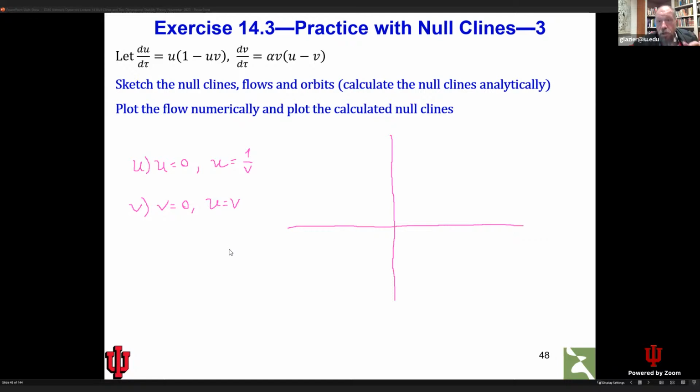So again, there are 2 nullclines, for U and for V, as before.